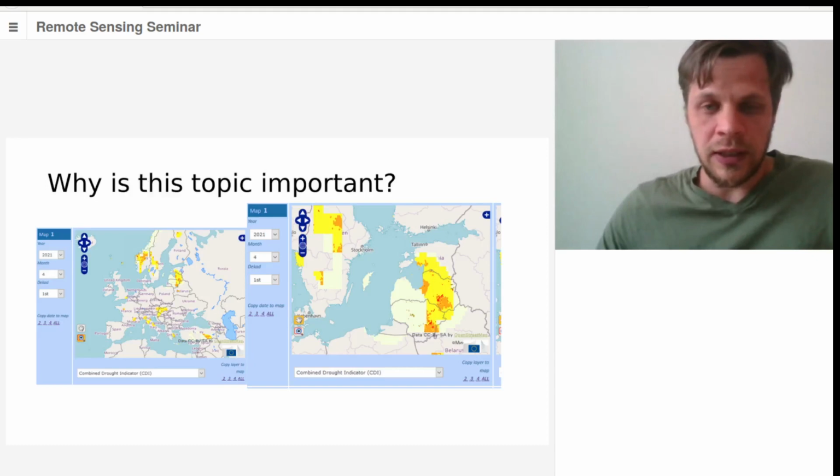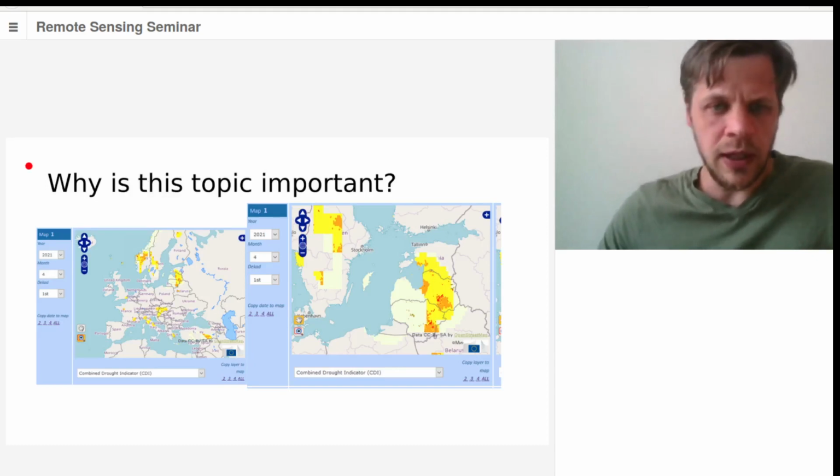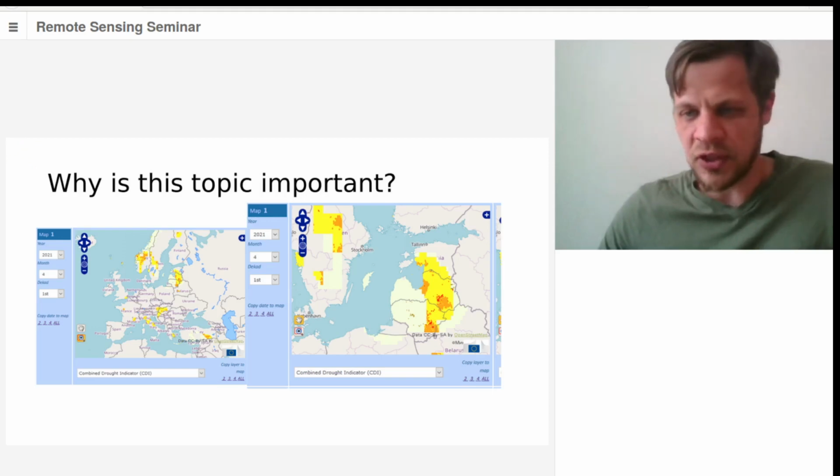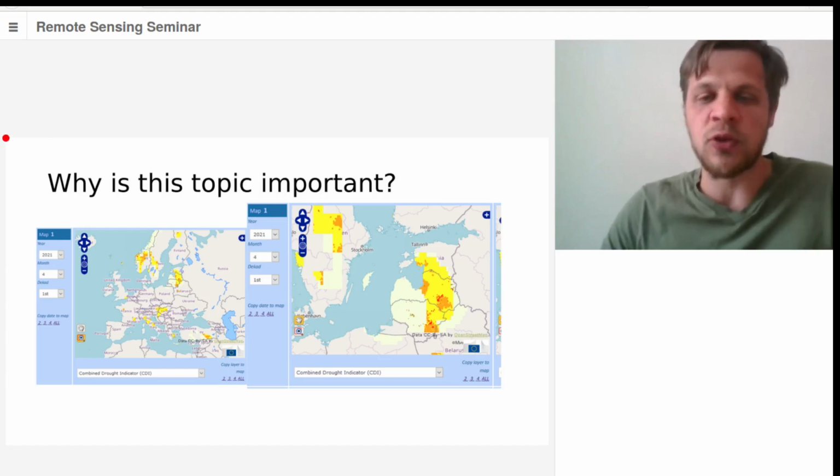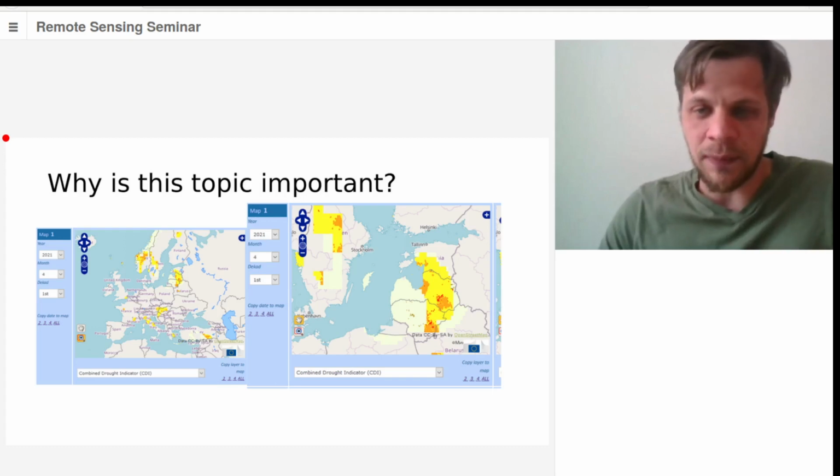So why is this topic important? Rather than showing some pictures from the newspapers or whatever, I just show you these two plots here, which I got this morning from the European Drought Observatory, just to show you that the topic of drought is quite actual around the globe, but also in Europe and also Northern Europe.